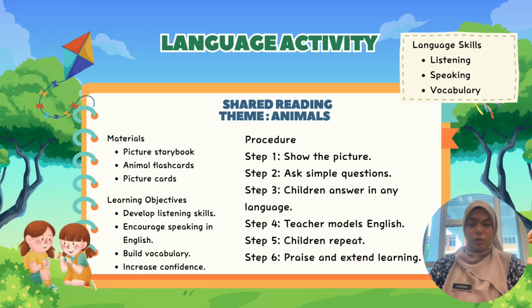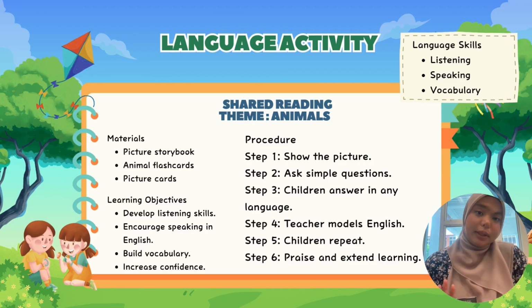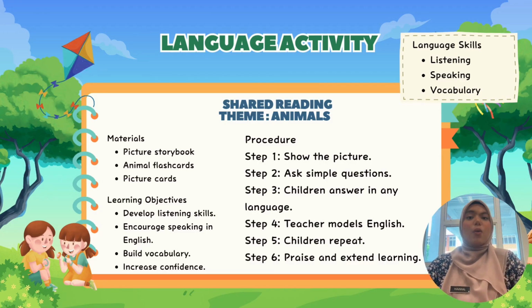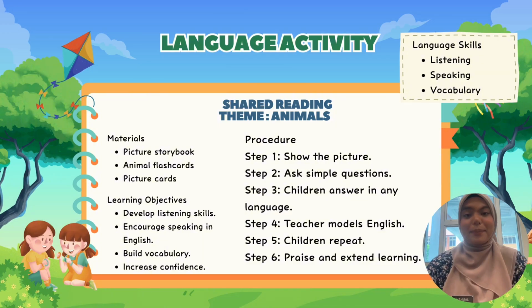For step 2, I will ask questions. Next, I continue reading the story and ask simple comprehension questions. For example, I may ask, what is the rabbit doing? Then they may answer makan, and I will respond, excellent, yes, the rabbit is eating.